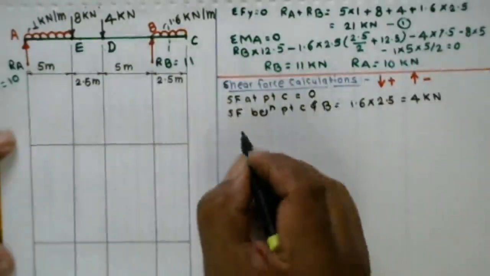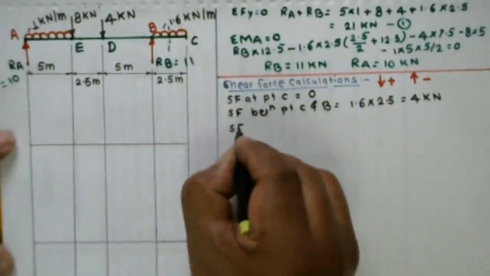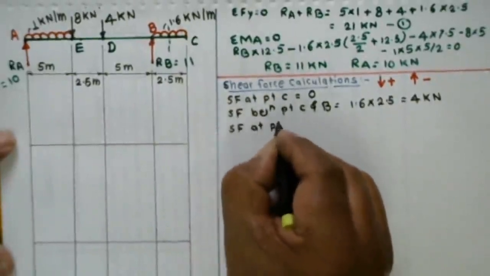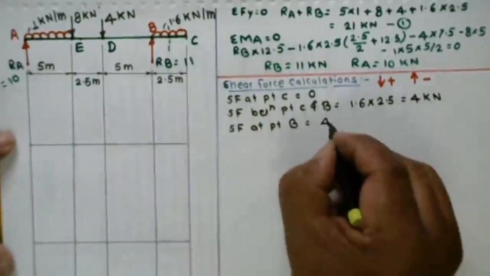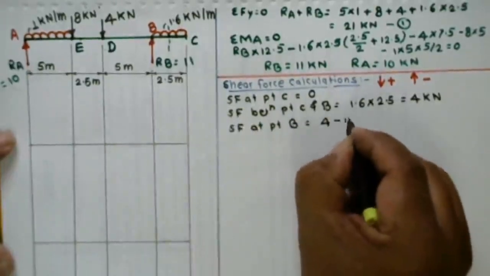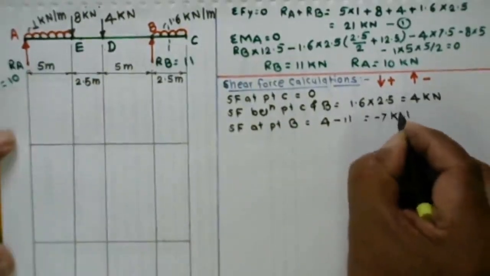At point B there is a reaction. Here upward force is acting, so shear force at point B is equal to 4, RB goes upward, so minus 11, so it becomes minus 7 kilonewton.